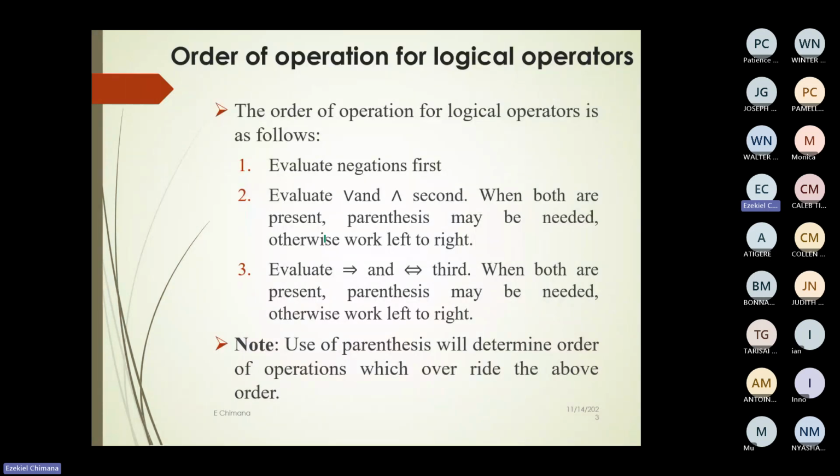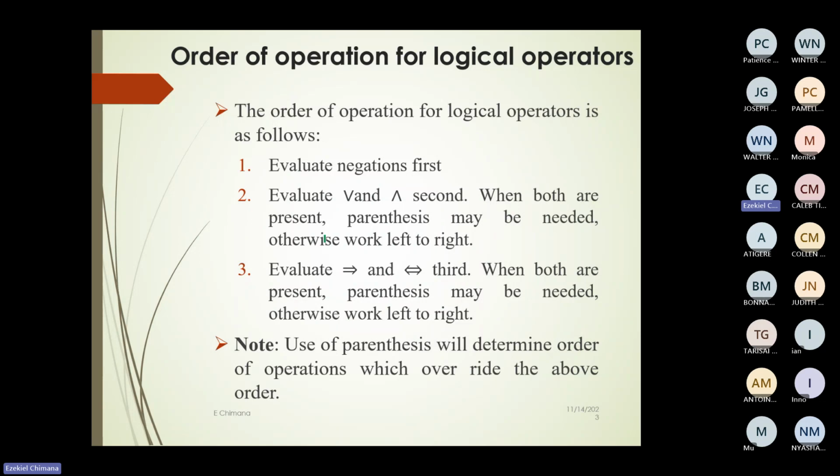Then let's look at the order of operations for logical conditions. Evaluate negations first, and then evaluate the OR and the AND operators. When both are present, parentheses may be needed. Otherwise, work left to right. Then evaluate the implication, and lastly the biconditional.